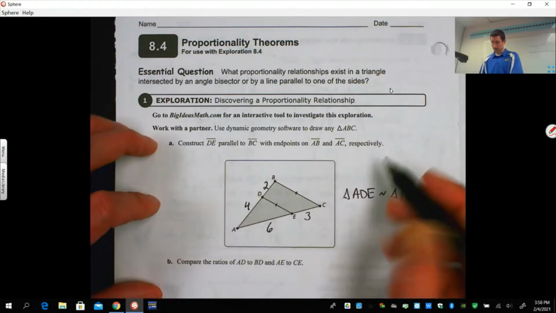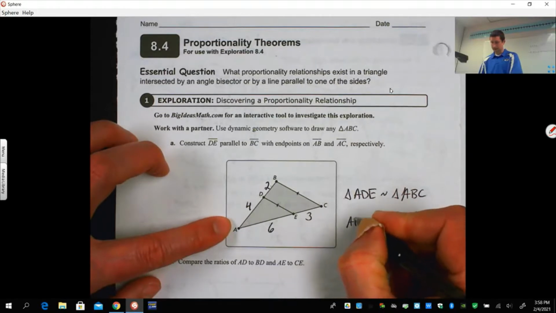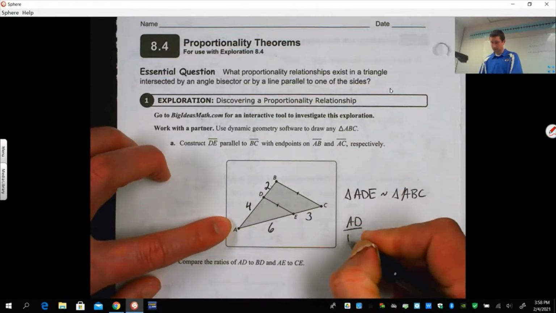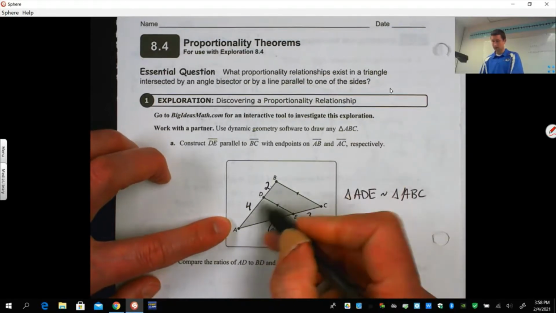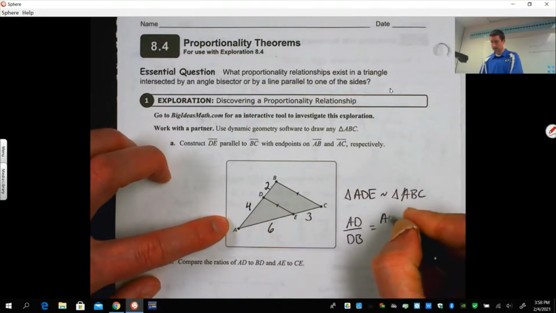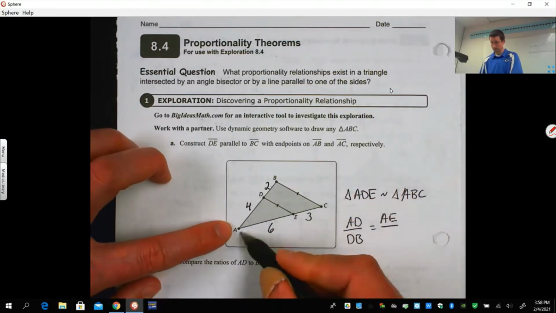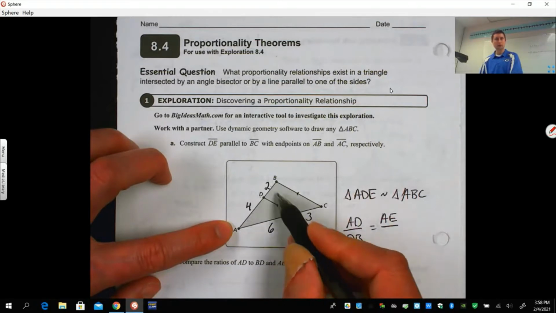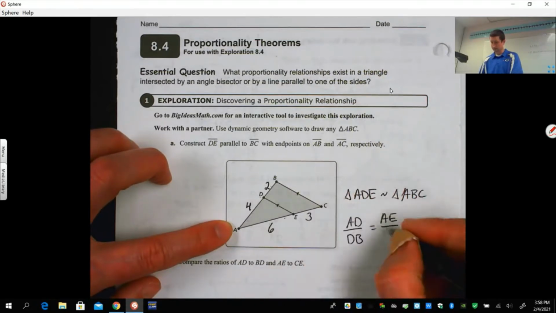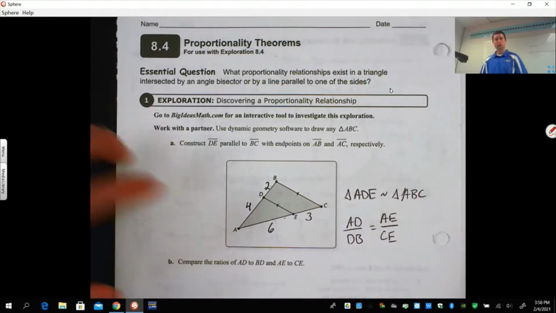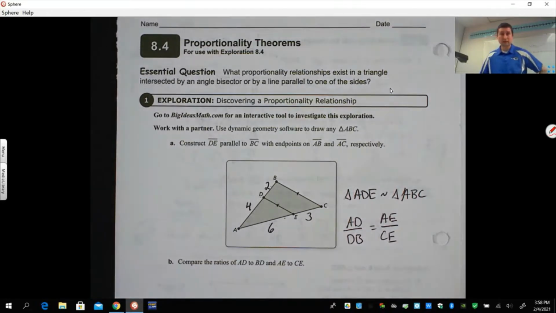Okay, so if I take AD over DB, that would equal AE over the corresponding part to BD, which would be CE. Those sorts of proportions are what we're working with today, and there's several different ways we can set that up.